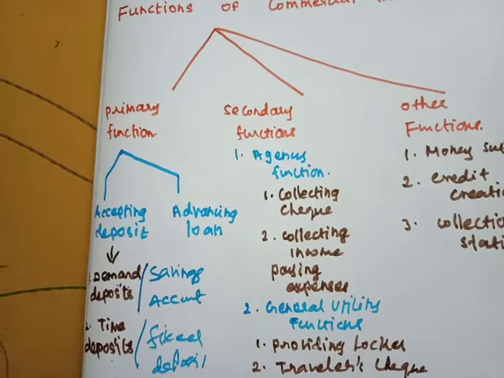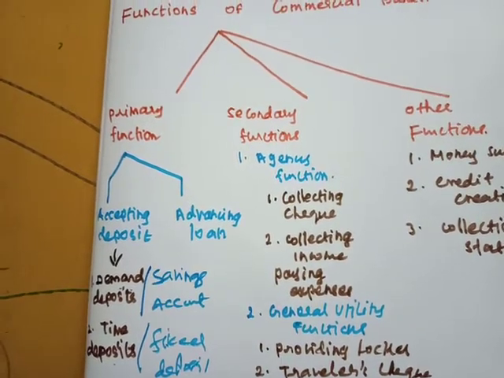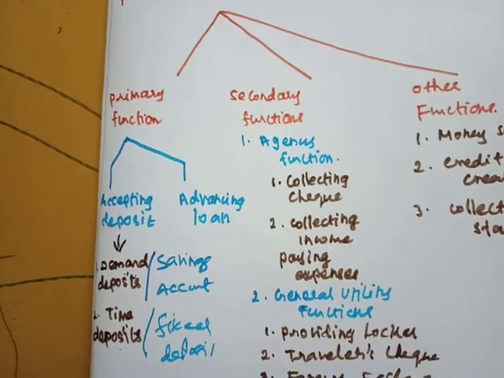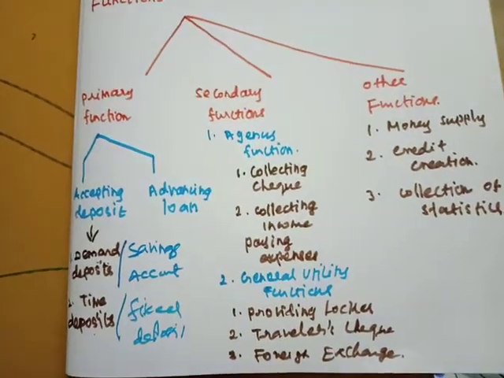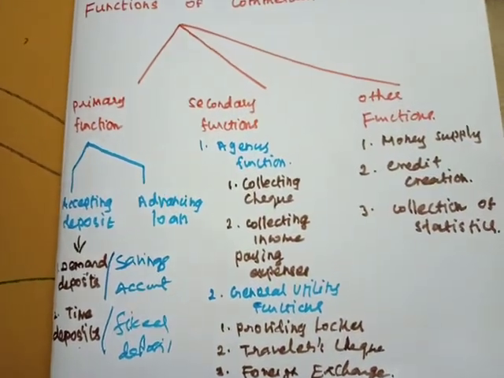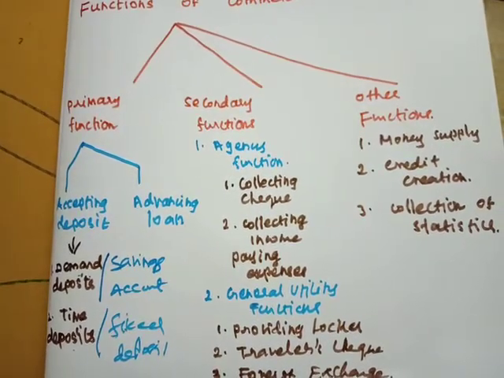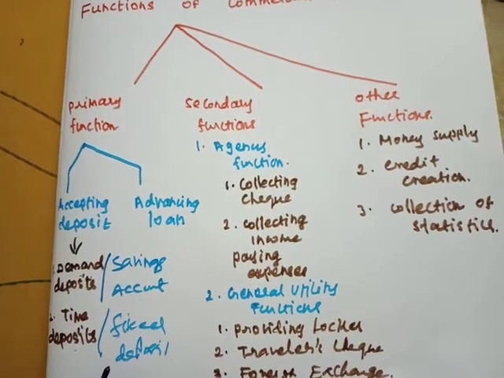Compared to a savings account, where the banks provide a very minimum interest rate, for a time deposit the banks provide a high rate of interest. These deposits can be withdrawn only after the completion of the maturity period. For example, 5 years means we will withdraw our money after the 5 years. That is known as time deposit.